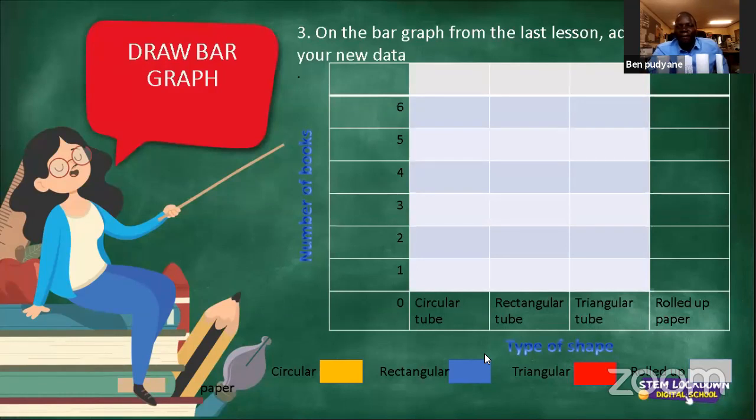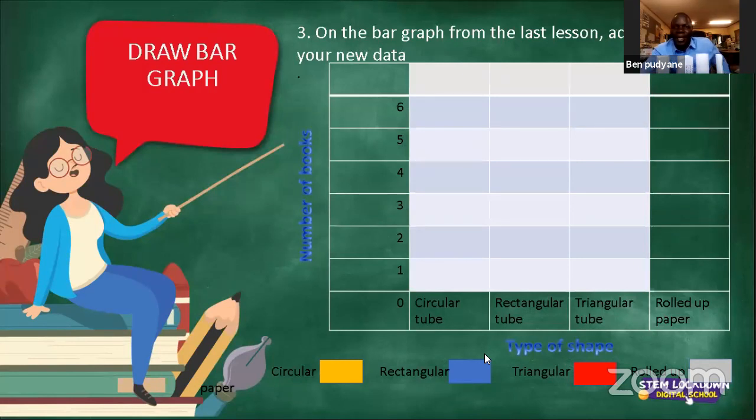You are going to use the blue one for the rectangular, up to number 4. Then if you come to the triangular, I think it was 3. You are going to color up to number 3. The rolled up paper was up to number 10. You are going to use the gray one. Those are the colors. It's important that your graph must be colorful so that it can be easily interpreted.